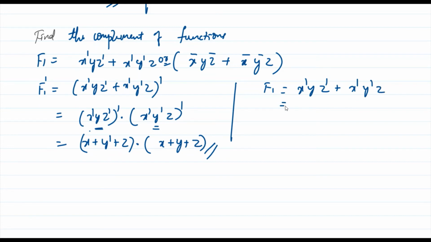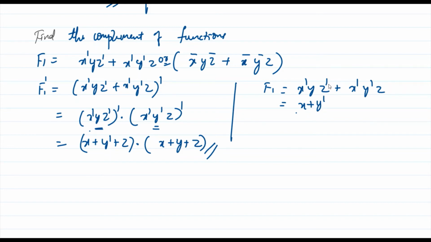Wherever a prime is there, you make it unprimed. Wherever unprimed literals are there, you make them primed literals. So x is primed, so I write it as x only. Y is unprimed, but between x and y there is a dot, so I put plus. So I write y as primed.